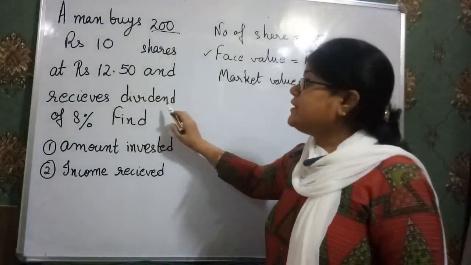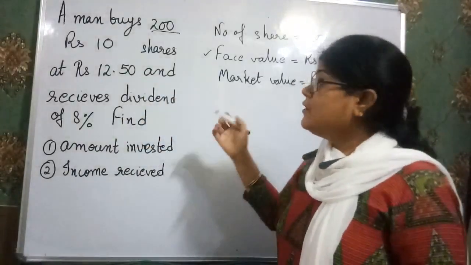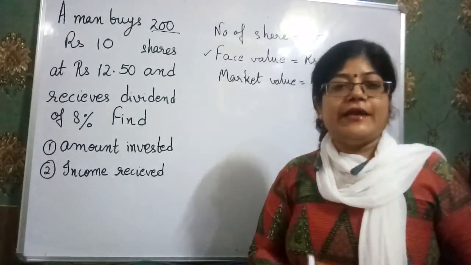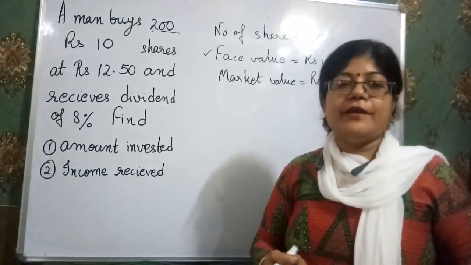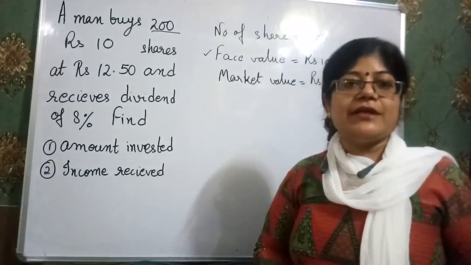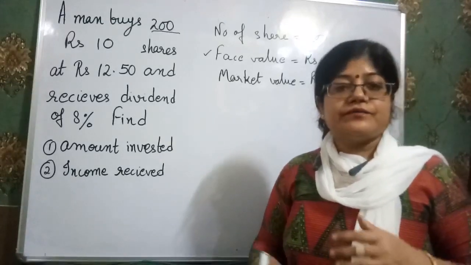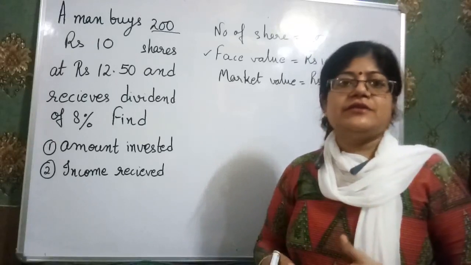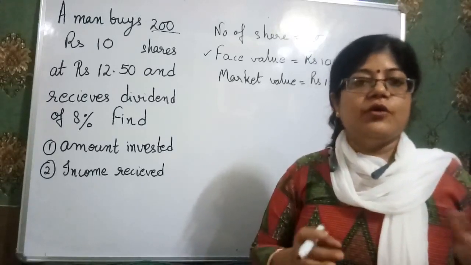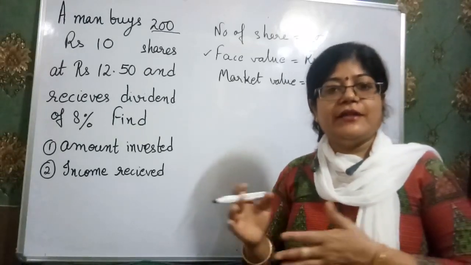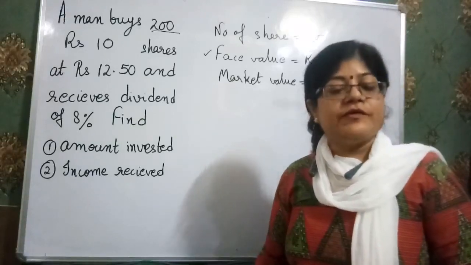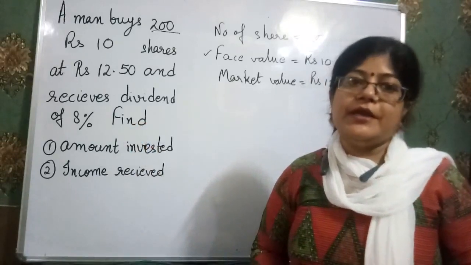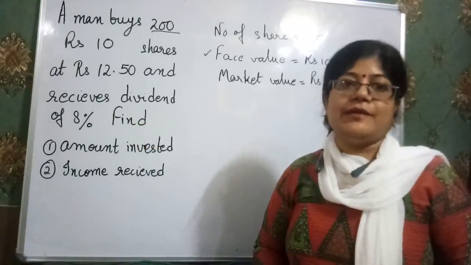And receives dividend of 8%. What is dividend of 8%? Generally all companies provide yearly, quarterly, or half yearly dividends to the shareholders who invested their money in that company in the form of shares. This dividend percent may vary from company to company and from time to time.